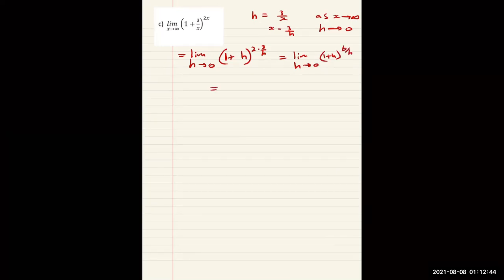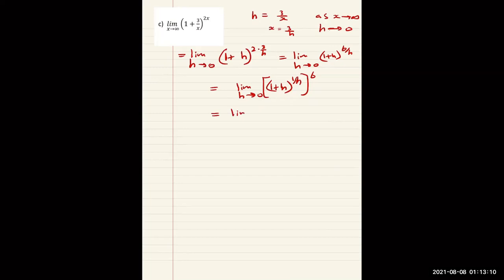I'm going to do one more modification: the limit as h approaches 0 of 1 plus h to the power 1 over h, whole thing to the power 6. Now I can send this limit inside.